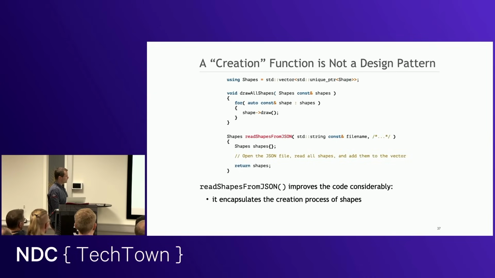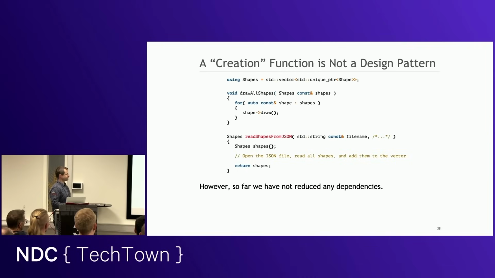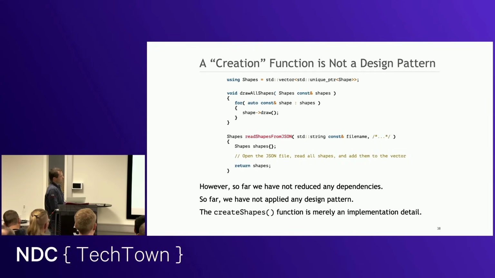You don't have to do it all over the code base. You're in control to do things in one place. Fulfills kind of the SRP and DRY. Good. But again, we have not really thought about reducing any dependencies. So, if it's not dependency related, it's probably not a design pattern. It's merely an implementation detail.